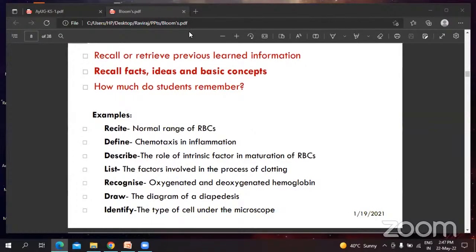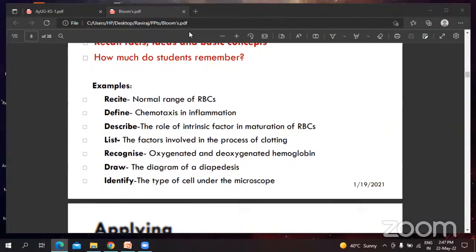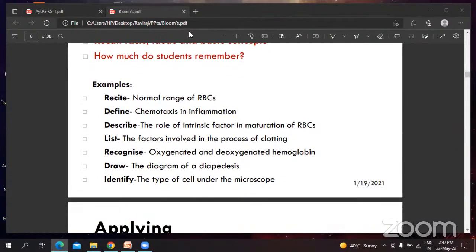What is the normal range of RBC? Kajal Yadav? Yes, sir. 3 millimeter to 5 millimeter. What is normal? 3 millimeter to 5 millimeter. But milliliter? No, it is in millions.